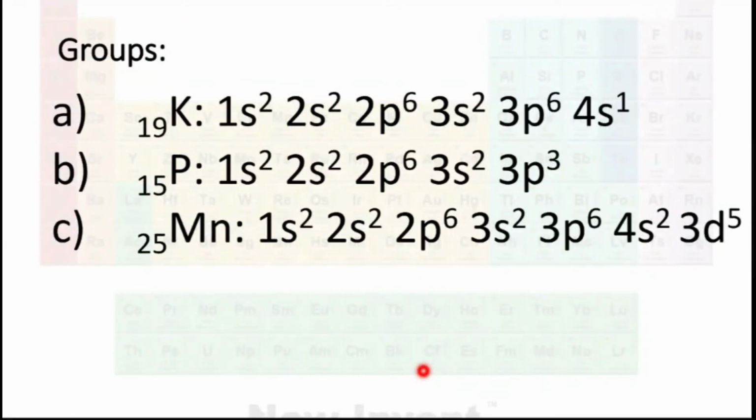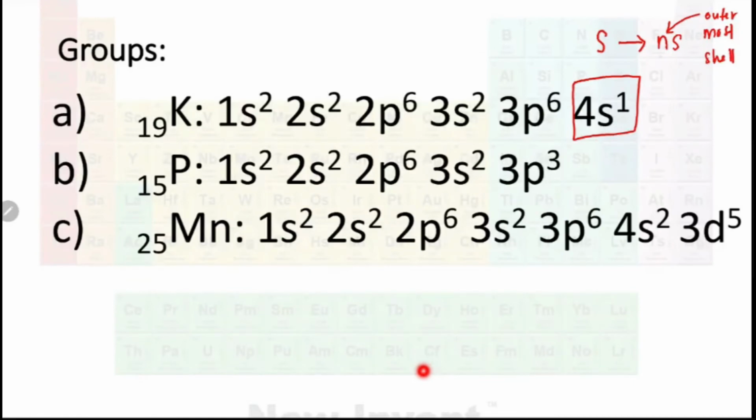When potassium is in the s block, where is the valence electron of potassium? Which one is the valence electron? s1. s1 is the valence electron, because earlier we said that for the s block, the valence electron is in ns. This n represents the outermost shell.